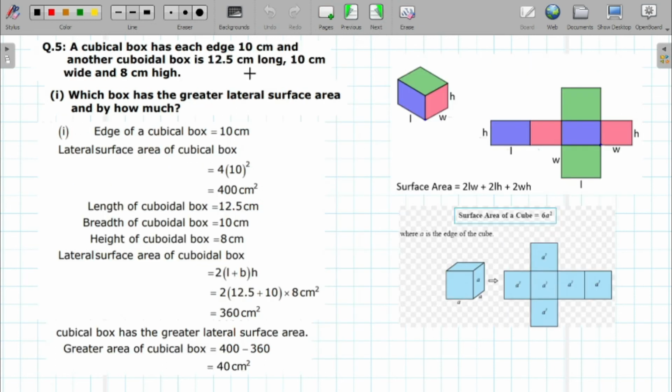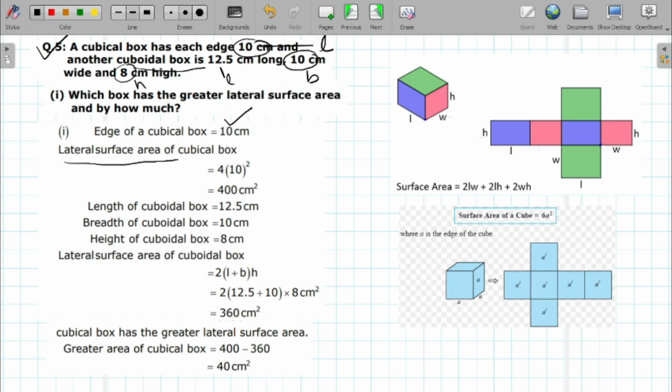Now we move to question number 5. In question number 5, a cubical box, edge is given. Edge means this is length. Cuboidal box means this is length and this is breadth and this is height. Edge of a cube is 10 meter.